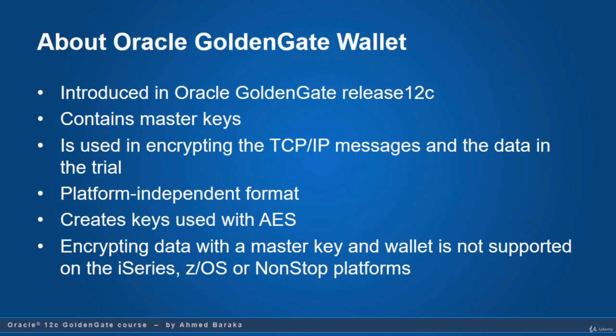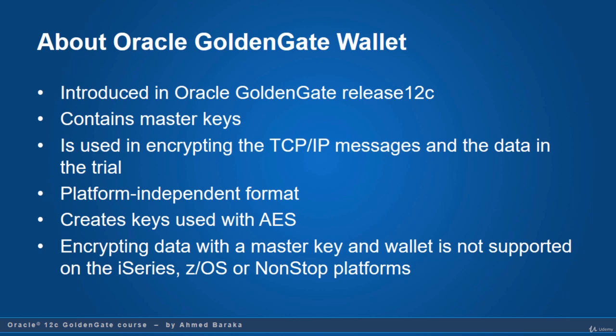We learned how to implement the encryption options in Oracle GoldenGate using the EncKeys method. Let's see how to implement them using the Oracle GoldenGate wallet. GoldenGate wallet was introduced in Oracle GoldenGate Release 12c. It wasn't available before that version. A wallet is simply an encrypted file that contains master keys.